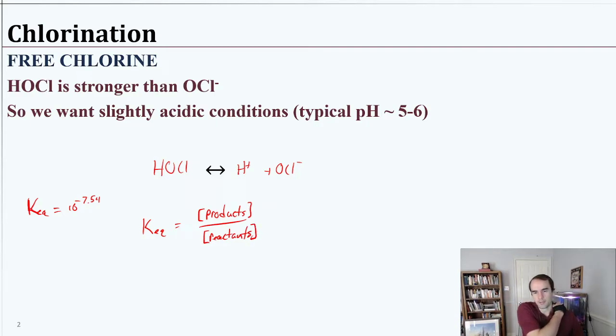Technically, it might be slightly more correct to do the squiggly brackets, indicating the activity of the molecules. For now, we'll assume that it's an ideal solution and all that, so we don't have to worry about that.